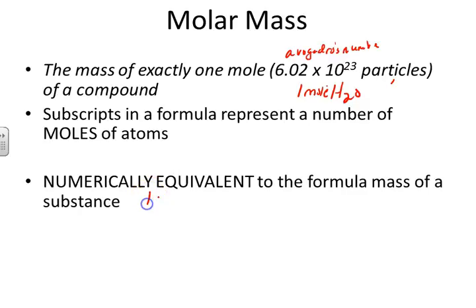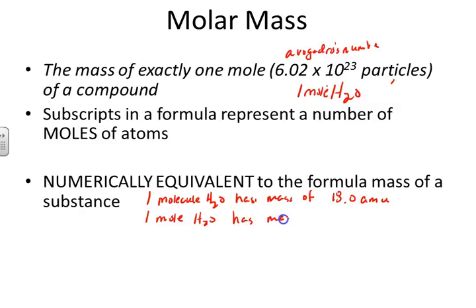So 1 molecule of H2O has a mass of 18.0 AMUs. 1 mole of H2O has a mass of 18 grams. So we have 18 and 18, but our unit changes from AMUs to grams if we're dealing with molecules and moles.